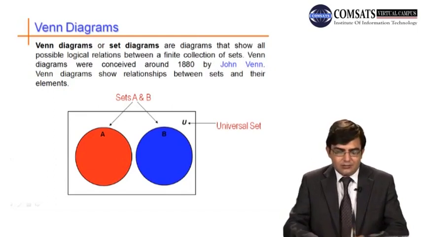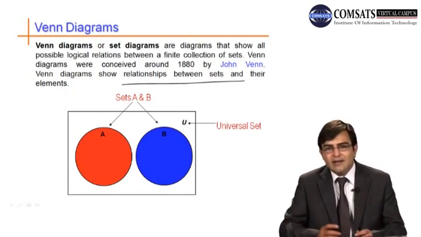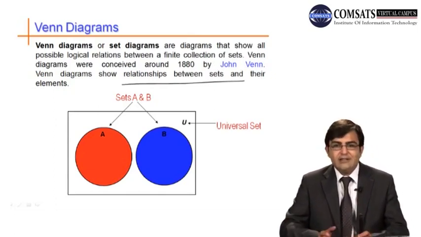So Venn diagrams show relationships between sets, their elements, and between the sets also. We can also express operations on sets using these diagrams, for example union, intersection, complement, and there are other operations we can perform using these diagrams. We'll see them in the subsequent slides and in the next lecture.